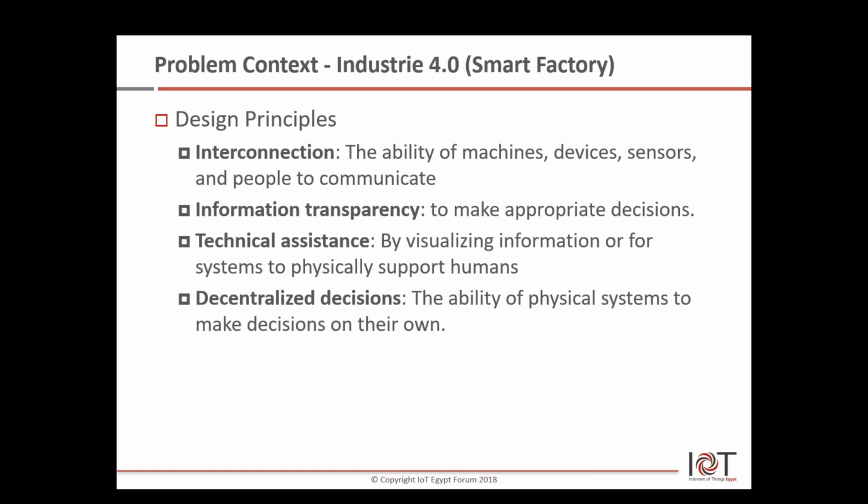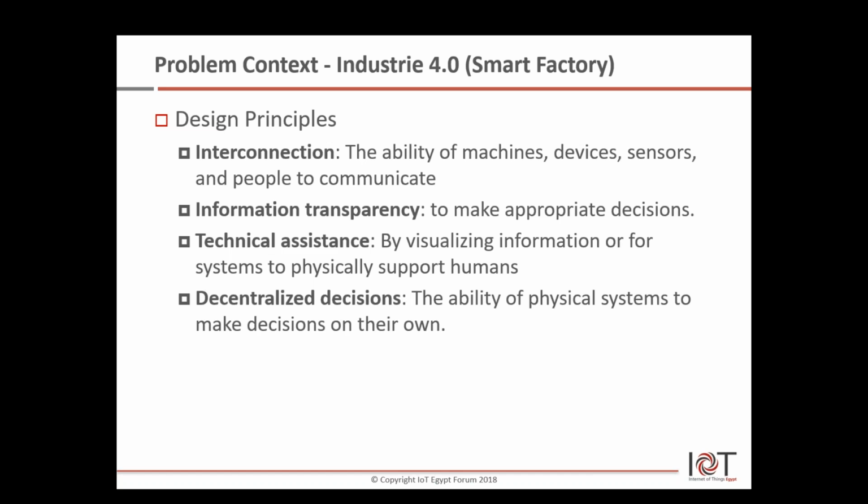The third one is technical assistance, and what we talk about here is two things: visualizing the information for the systems, as well as physically supporting humans. To give you an example, if there is a need to track the overheating of a machine, you can have two things.